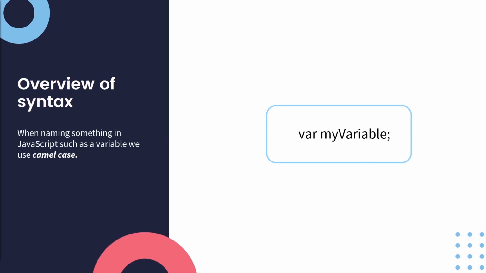We do this by stating the word var, followed by our camel case, where the first word would be my, with the first letter in lowercase, and then the second word, variable, with the first letter in uppercase, okay? This is why we call it camel case, because it starts small and then grows big, okay? And this is one of the best naming conventions when it comes to creating things like variables or functions in JavaScript.